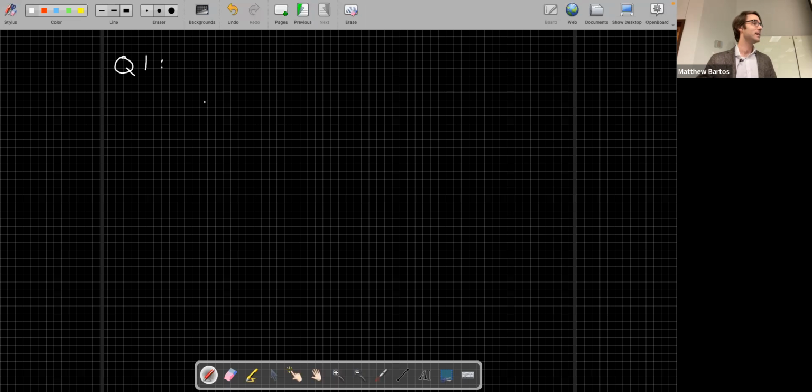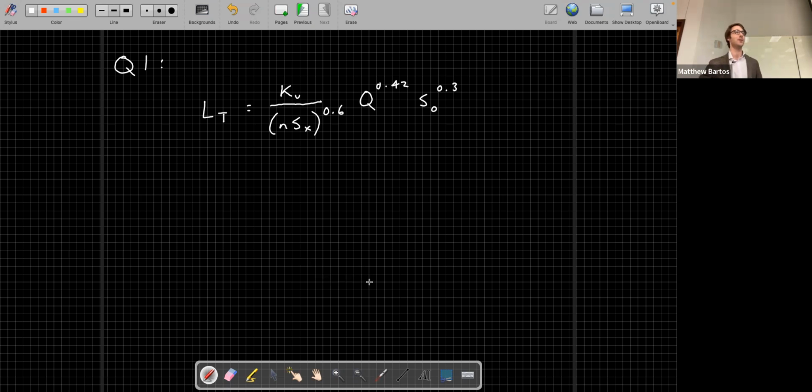For question 1, the length of the curb inlet needed to capture 100% of the gutter flow is given by the following equation. We have a constant KU over quantity N times SX, so that's Manning's roughness times the cross slope, to the 0.6 power, times the gutter flow to the 0.42 power, times the longitudinal slope to the 0.3 power.